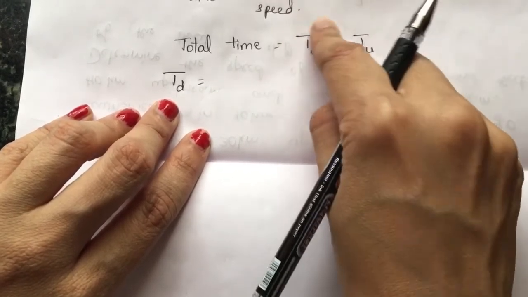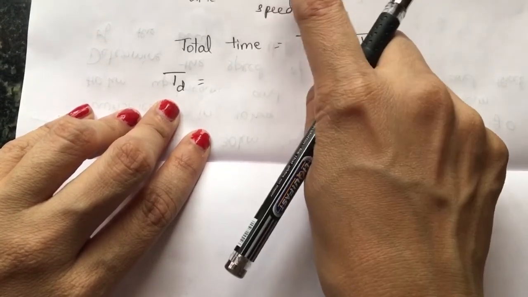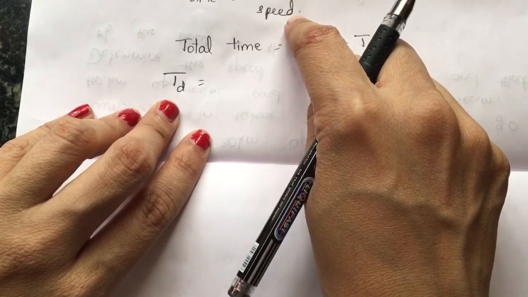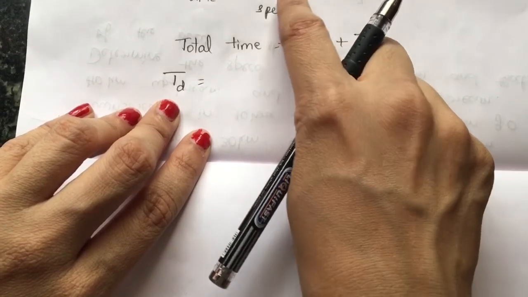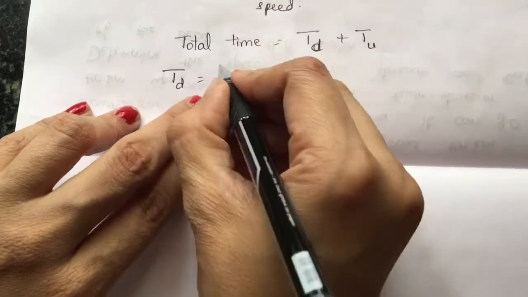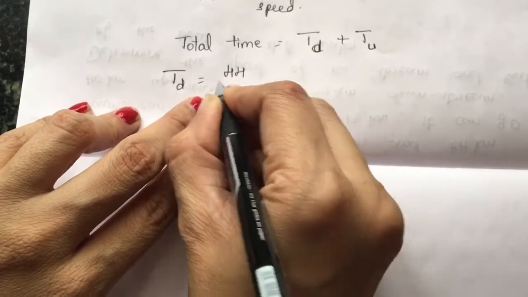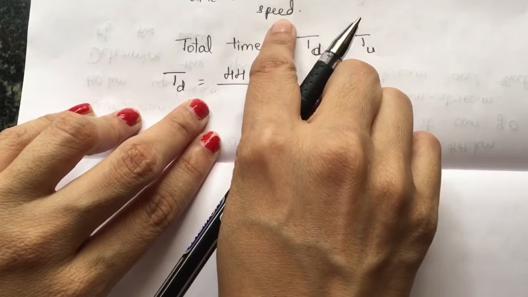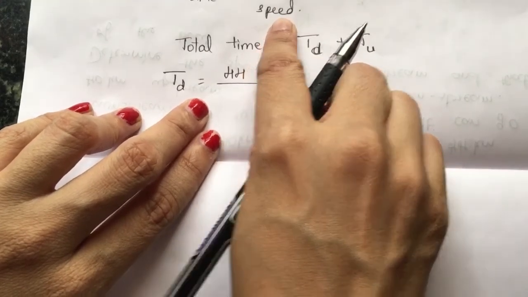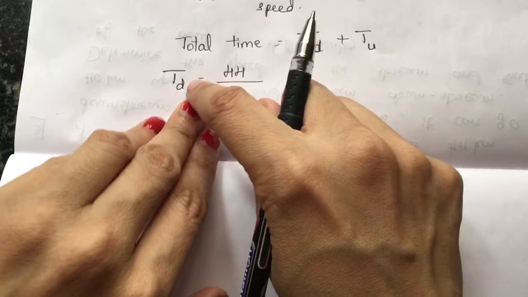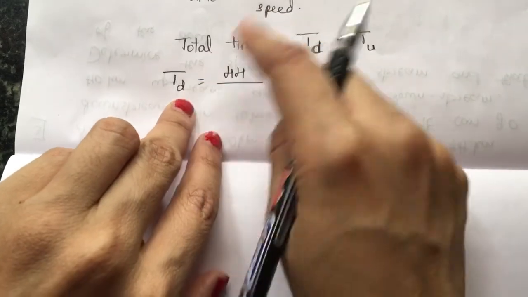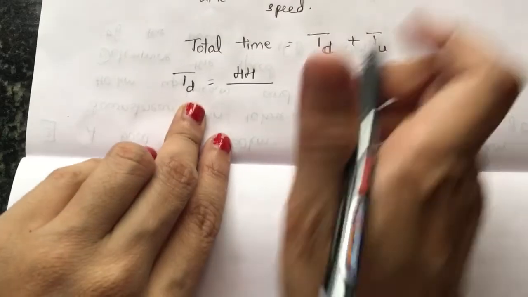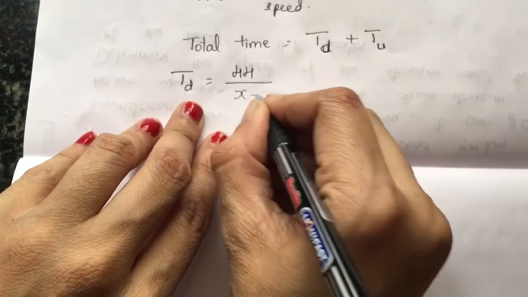So TD is nothing but distance by speed in downstream. Downstream it has moved 44 kilometers. So distance is 44 divided by speed. Here the speed is in terms of downstream. In case of downstream, speed is x plus y.